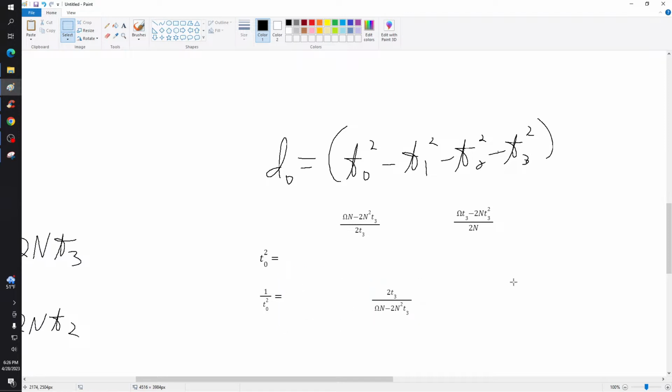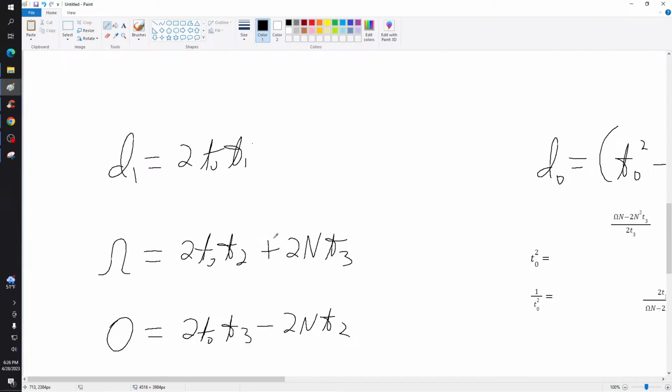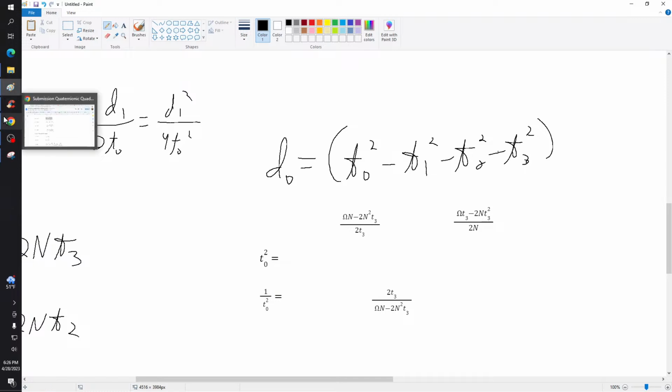And we know that d1 lambda is equal to 2 t null t1, which means that t1 is equal to d1 over 2 t null. So when you square it, you get t1 squared is equal to d1 squared over 4 t null squared. Well, isn't it nice that we have the reciprocal of t null squared here?